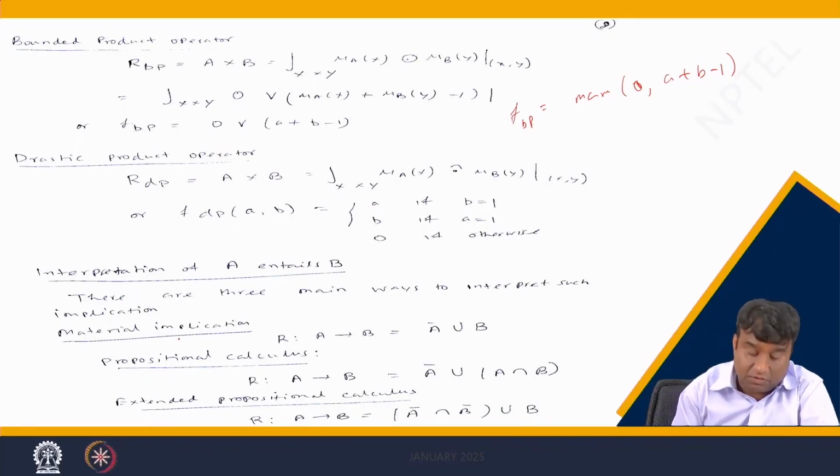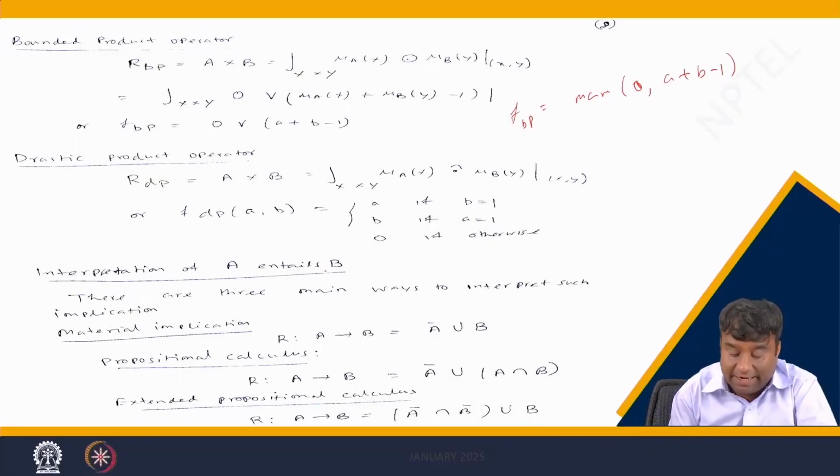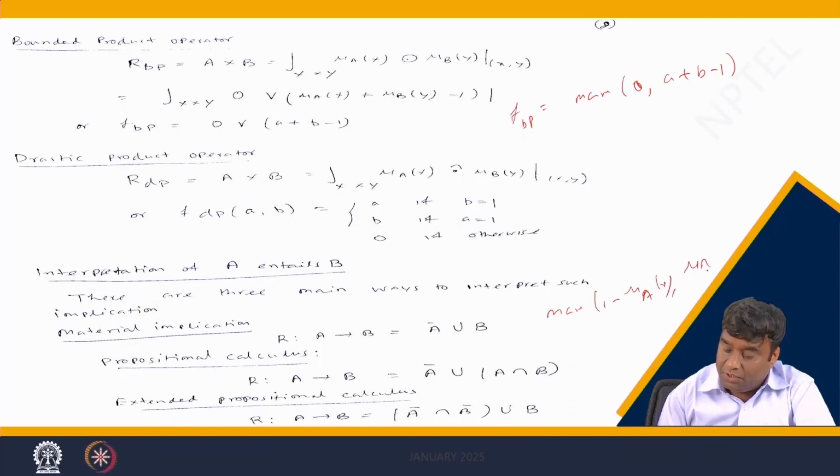Now try to understand the concept of interpretation of A entails B. There are three main ways to interpret such an implication. First one is material implication: R(A imply B) is the maximum value of 1 minus mu A(x) and mu B(y).